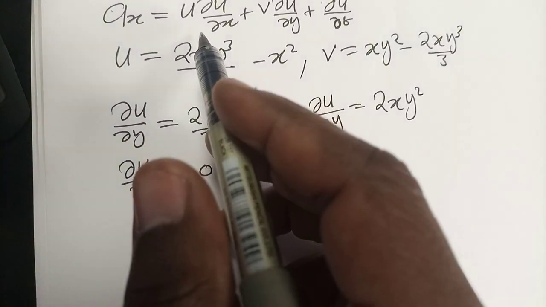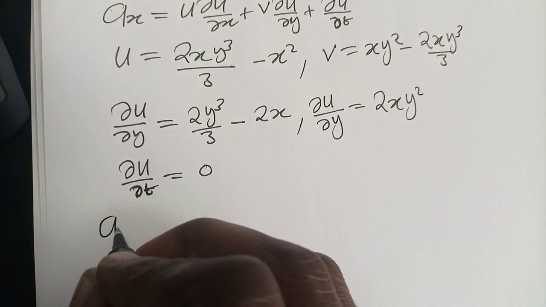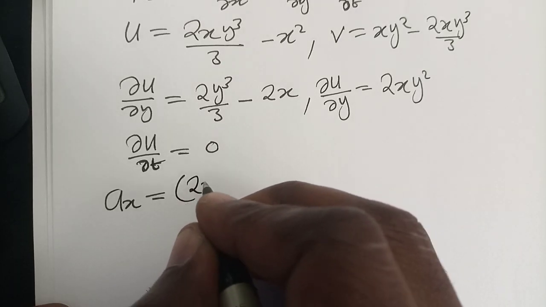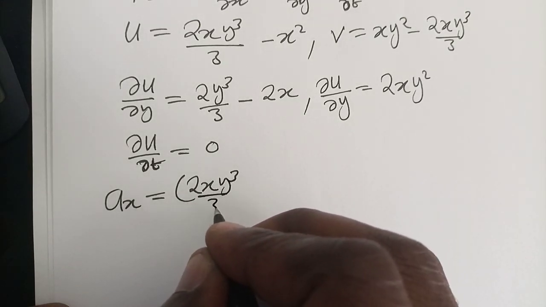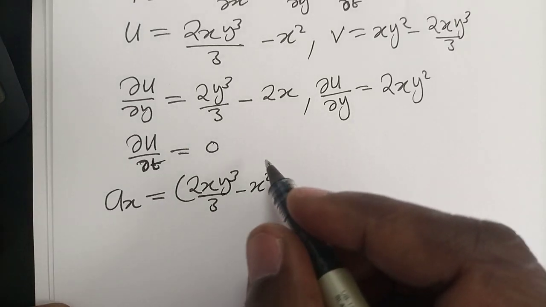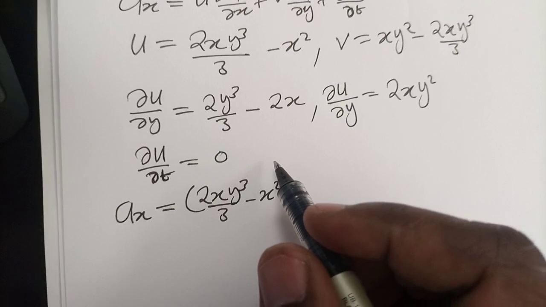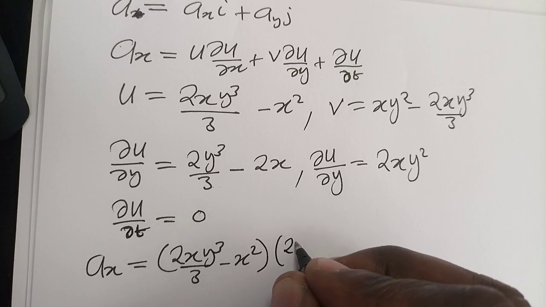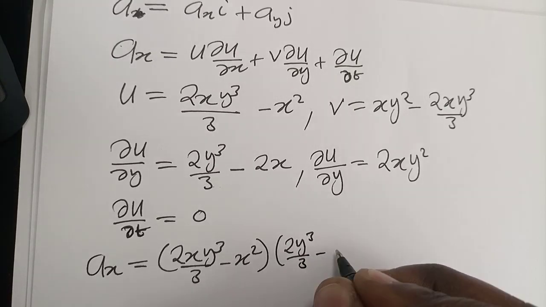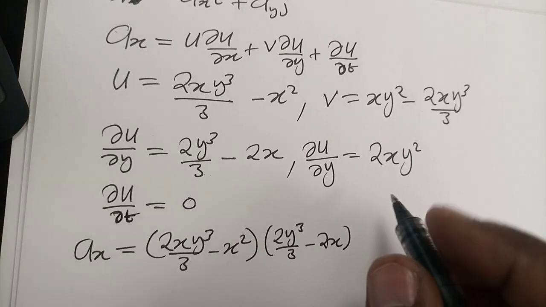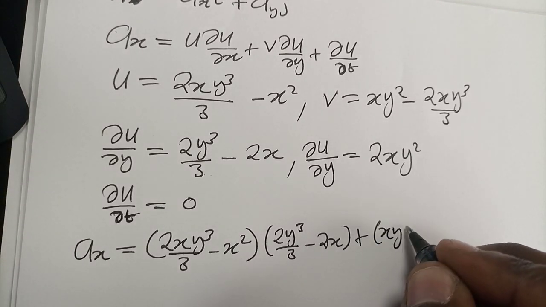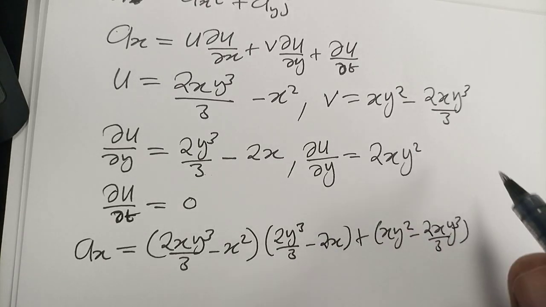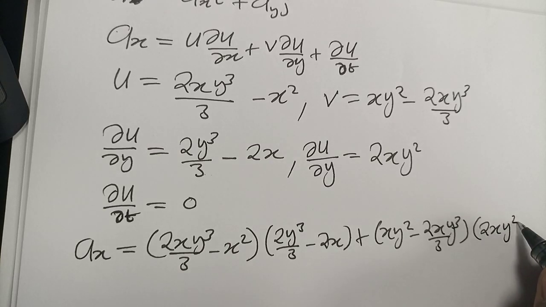Now substituting back into this equation, our ax will be given by, our u is 2xy^3 over 3 minus x squared, times the partial derivative of u with respect to x, which is 2y^3 over 3 minus 2x, plus our v, which is xy squared minus 2xy^3 over 3, multiplied by 2xy squared.